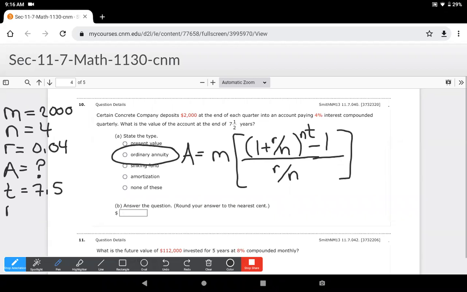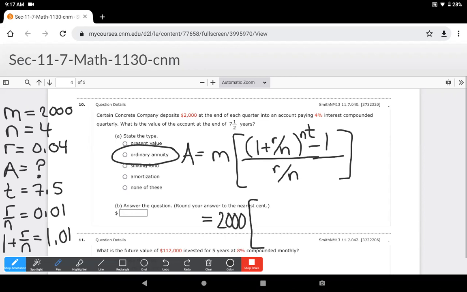R over N simplifies to 0.01, and 1 plus R over N simplifies to 1.01. So when we go to plug and chug, we have $2,000 for the regular payment, right?